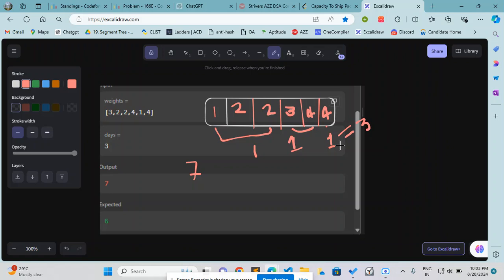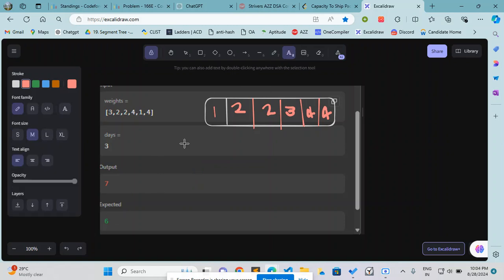If our max supply is 6, then we can supply in 1 day, and it is taking 4 days, which means our logic is wrong. Let's erase this and try to solve for n equal to 6.